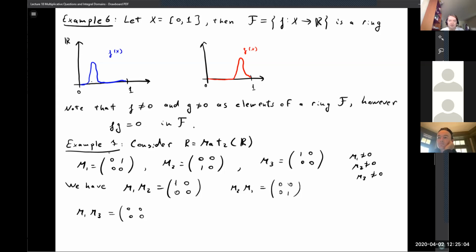The first entry is 0, the second is 0, this is 0, and the last is 0. Oh, good, okay. Let's look at M3 M1. The first element is 0, the second element is 1, then the other two are zeros.